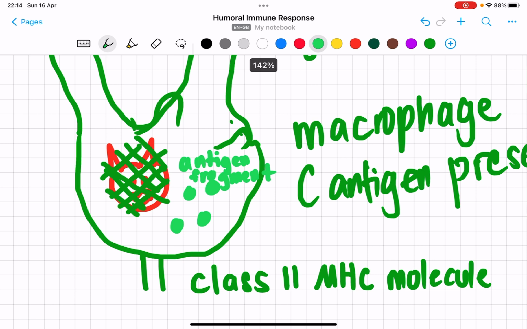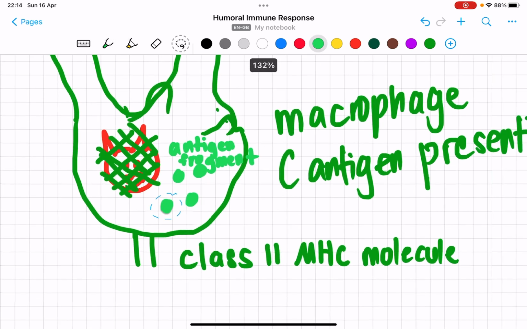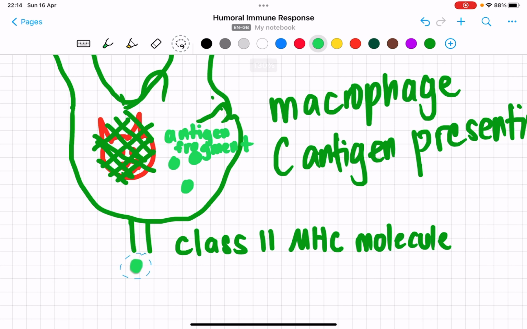Antigen fragment is the molecular substance that is produced after the bacteria has been digested by the macrophage. This antigen fragment needs to be presented on the class 2 MHC molecule. It will move out and will be presented on the class 2 MHC molecule like this.